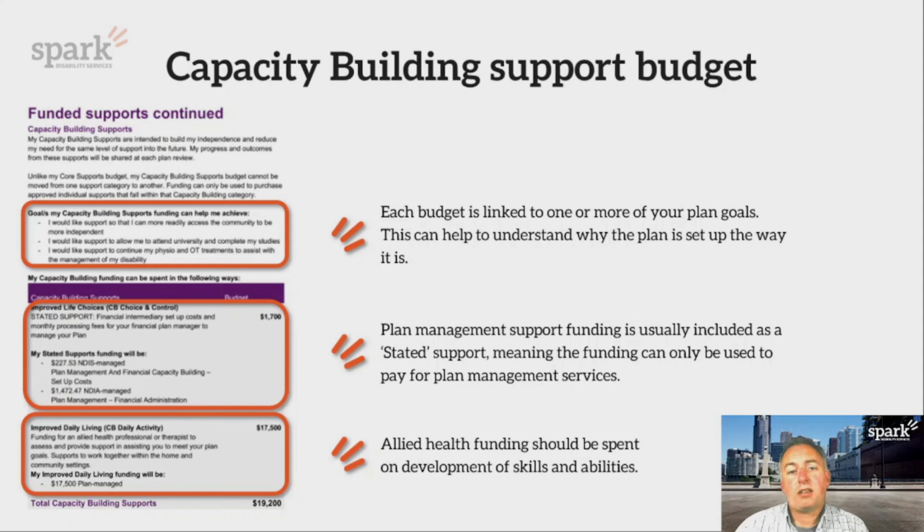Ultimately, though, the improved daily living category is about funding support services that help the person at the center of the plan to build their skills, develop their abilities, and increase their independence in their daily life.